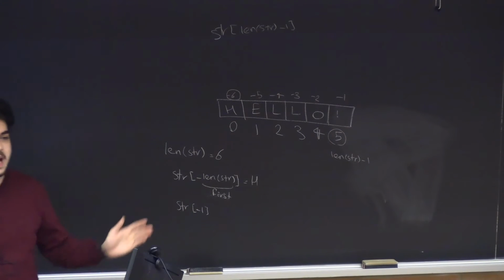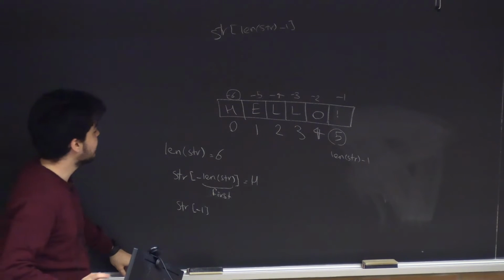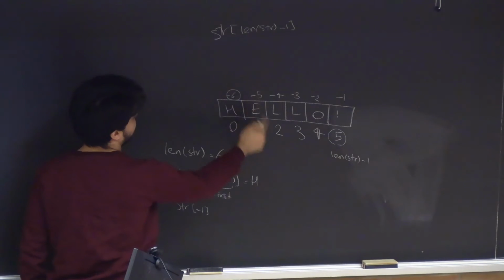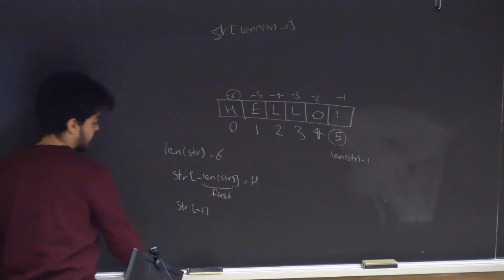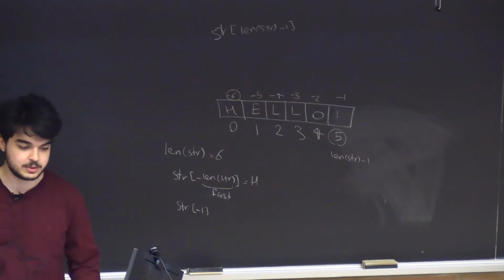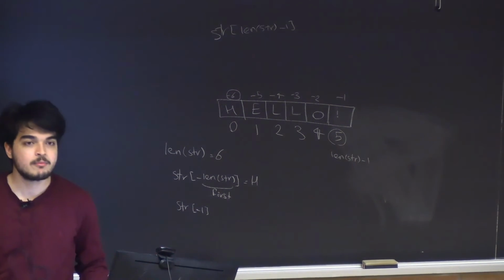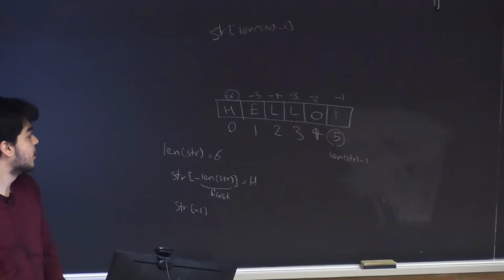Now, why did they do that? Why does it start from 0 and then -1? I don't know. It's just convenient. The way you want to look at it is if you're summing the indices, if you sum 0 to -6, 1 to -5, and so on, you're going to get an interesting sequence of numbers, but that's all my mind can get. What did you write up there? This one?